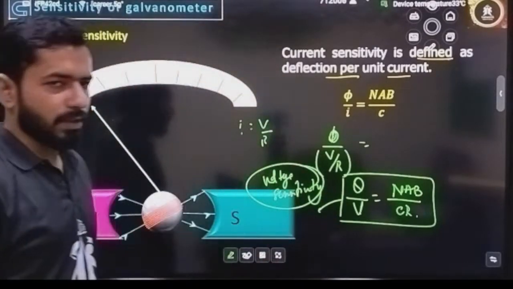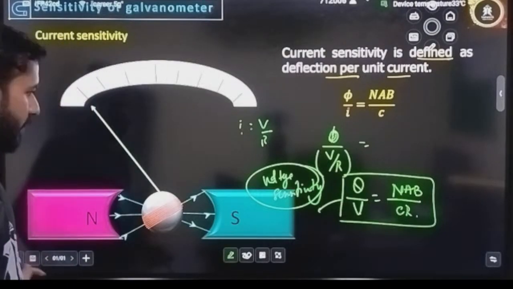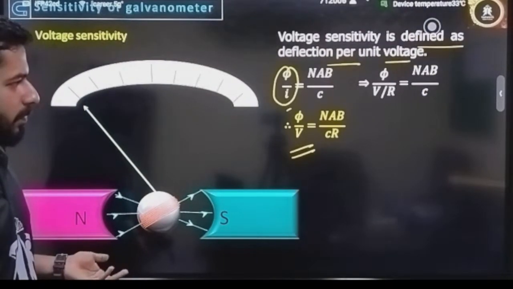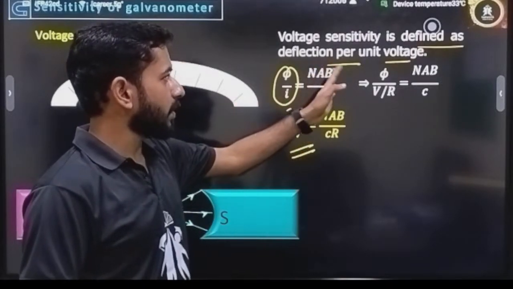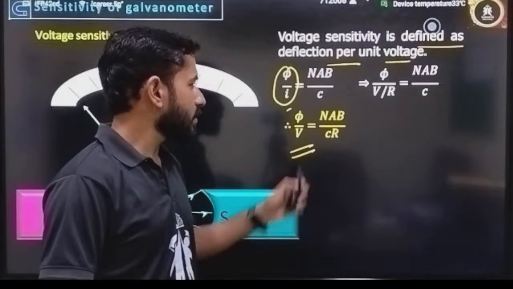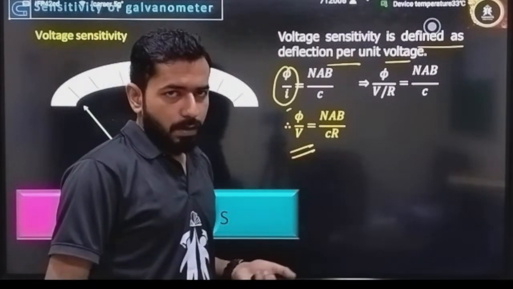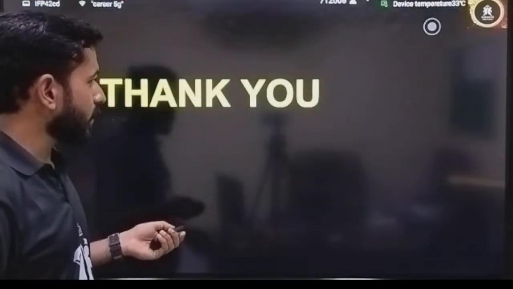Just remember the definitions of these things. That will be sufficient for you. Voltage sensitivity is defined as deflection per unit voltage. This is the deflection, this is the voltage. Deflection per unit voltage is voltage sensitivity.